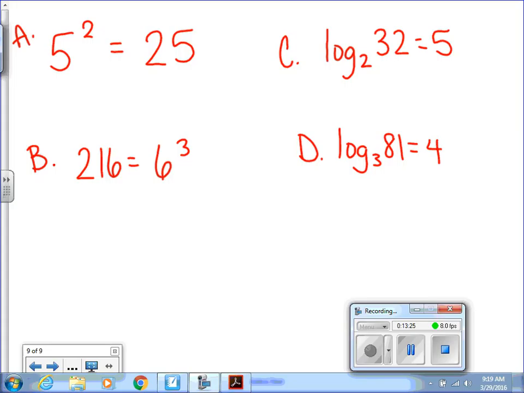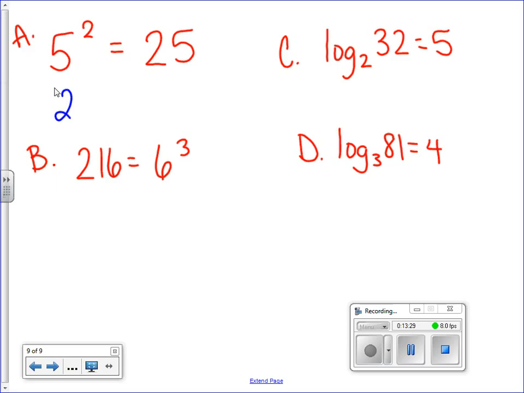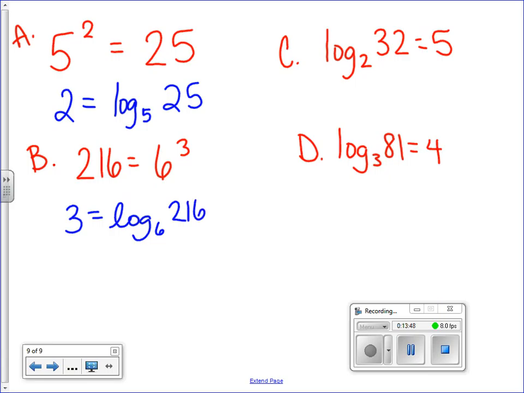So what's this one going to look like? 2 equals log base 5 of 25. That's right. Have that? Awesome. Alright, what about this one? Base 6 to 16. Yes.